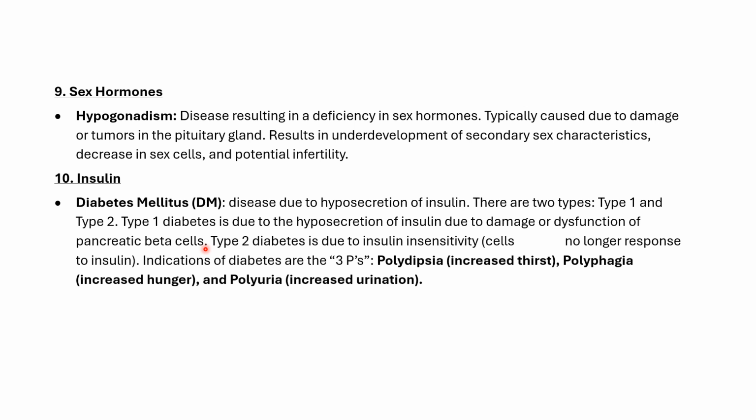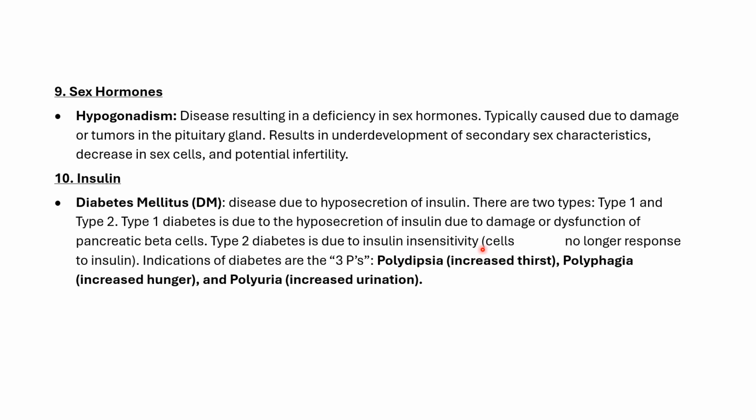Type 1 diabetes usually happens in children and younger adults. And for the treatment of type 1 diabetes, we always have to replace it with insulin. And then type 2 diabetes is due to insensitivity to the insulin. So the cells are no longer responding to the insulin, and this usually happens in adults and in obese people.